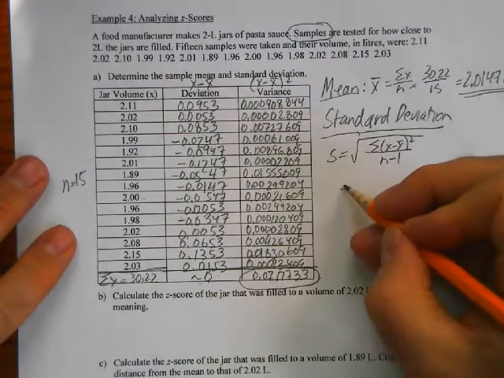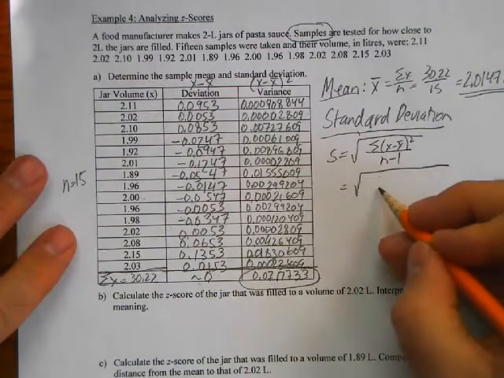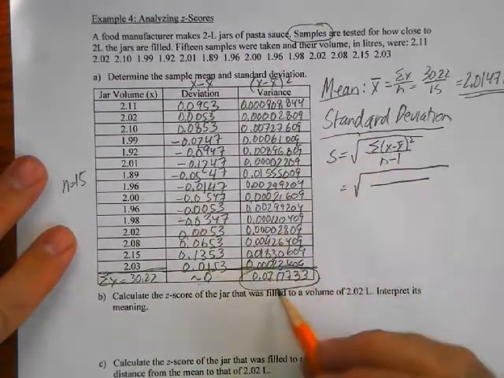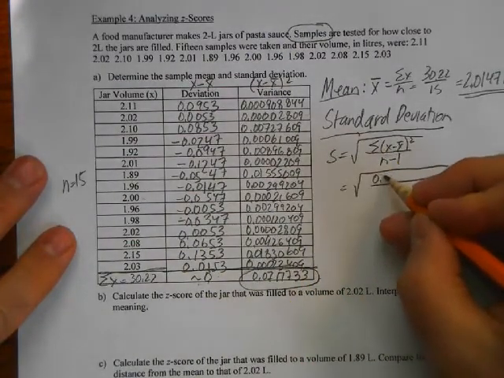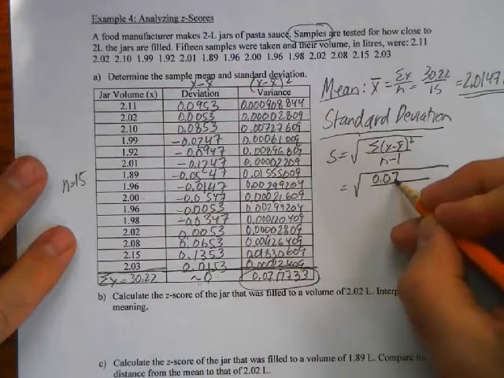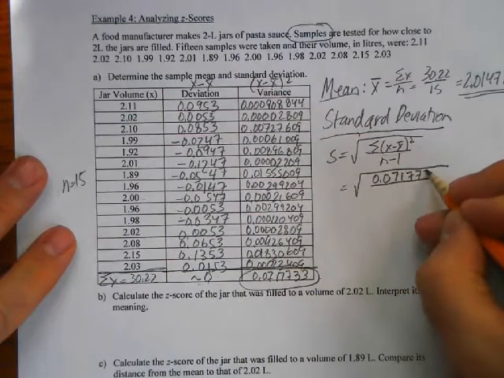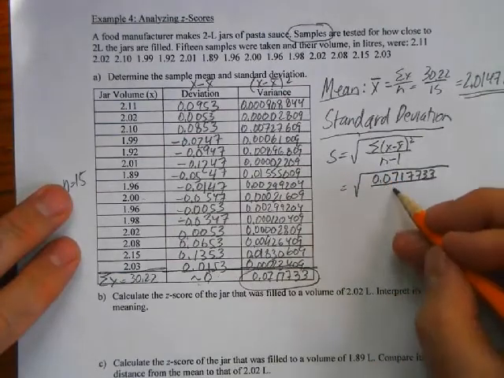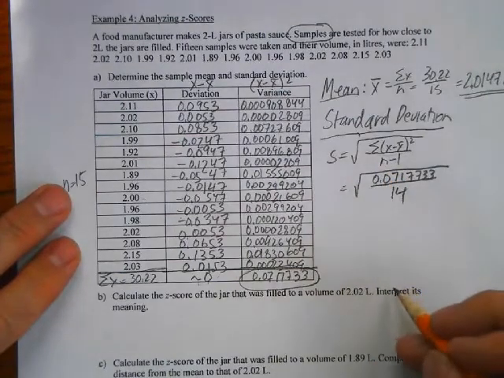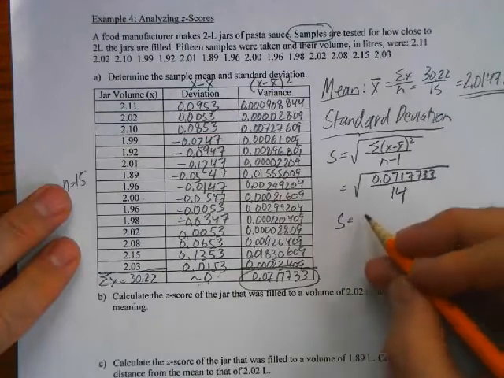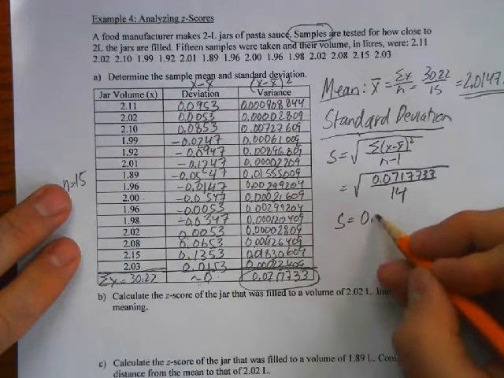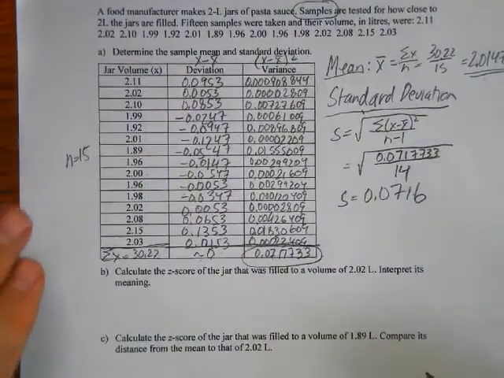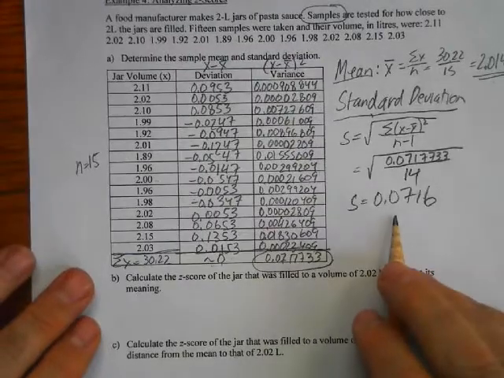So in terms of plugging those numbers in, the top is the sum of the variations, the number we got there, 0.717733. n-1, well, n is 15, so n-1 is 14. And when I calculate that, I get 0.0716. Okay, and that is the standard deviation.